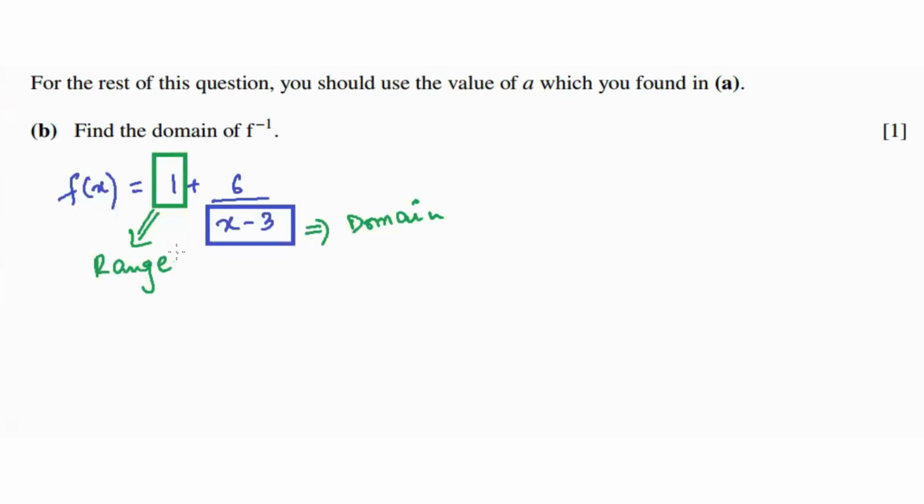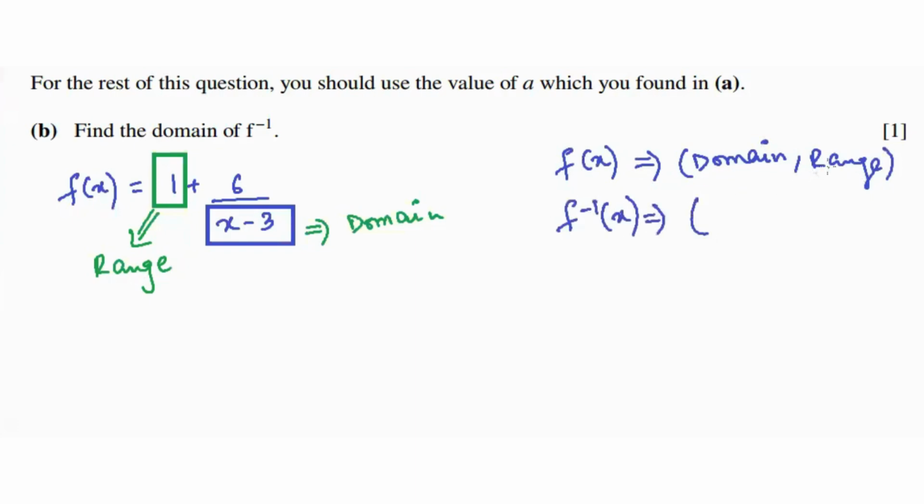So when we're talking about a normal function and an inverse of that function, whatever your domain and range is for the normal function, for your inverse function, your range value would be your domain, and your domain value would be the range of the original function.